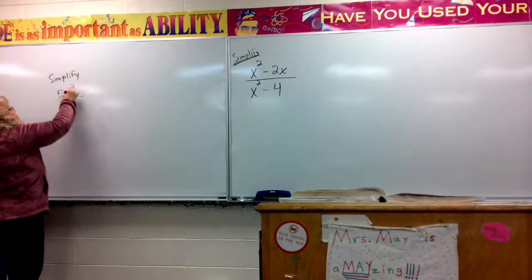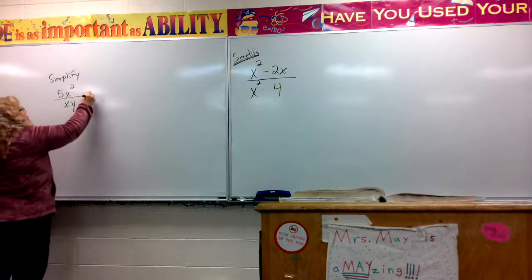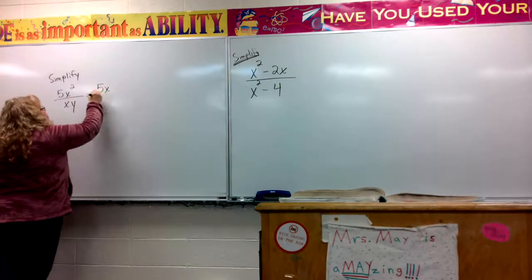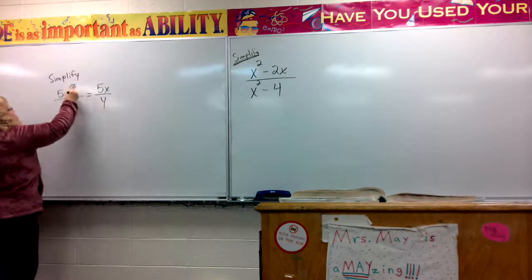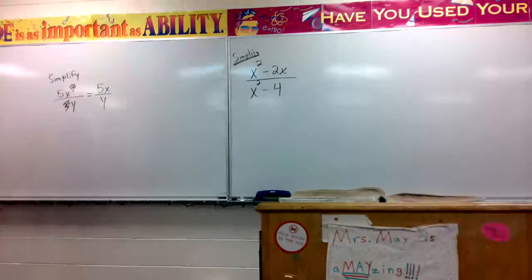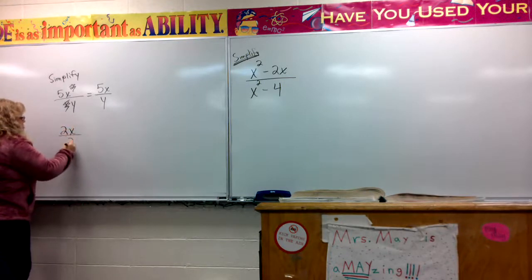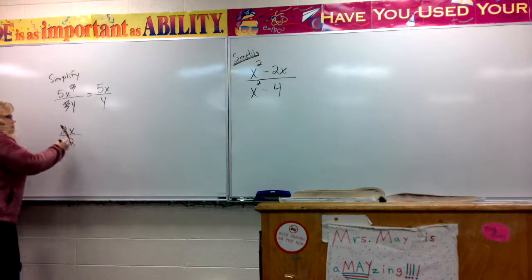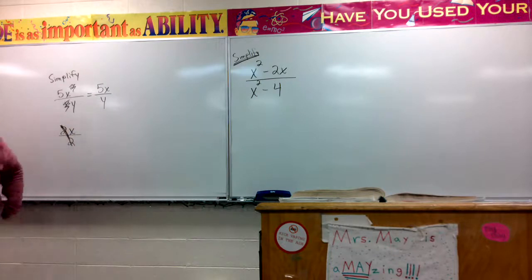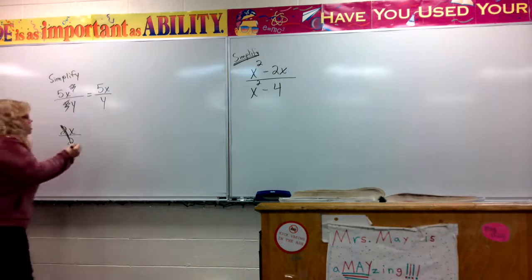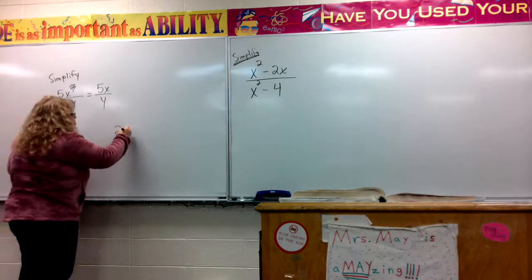Where you can simplify one of those x's, right? This one goes with that. Yes? And you could simplify things like this, right? But I want to ask you, could you simplify this?